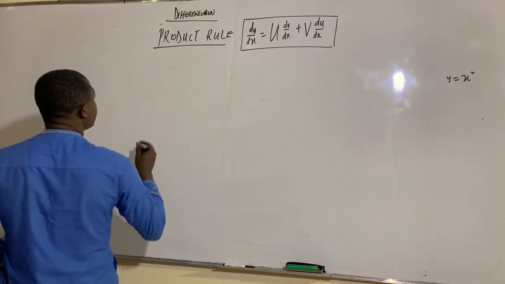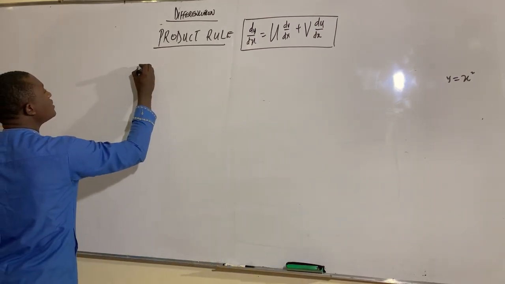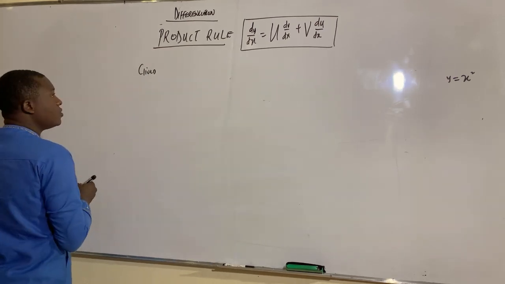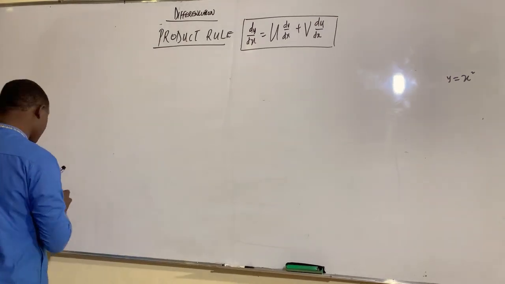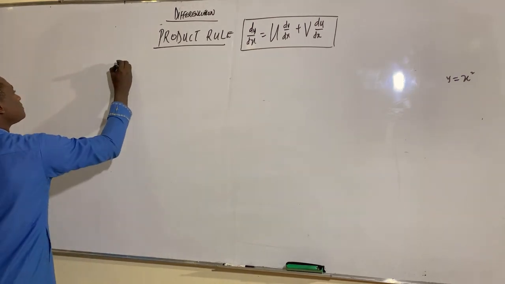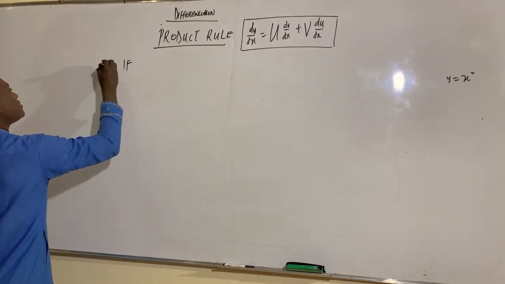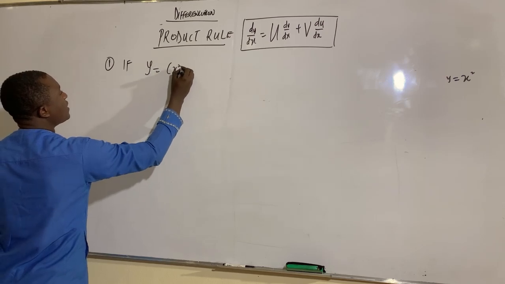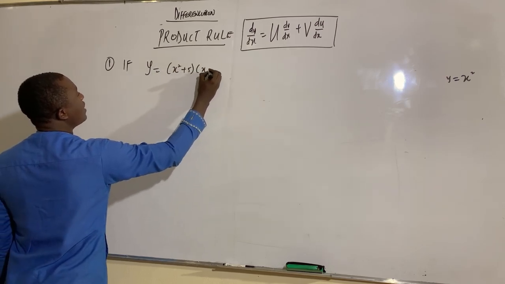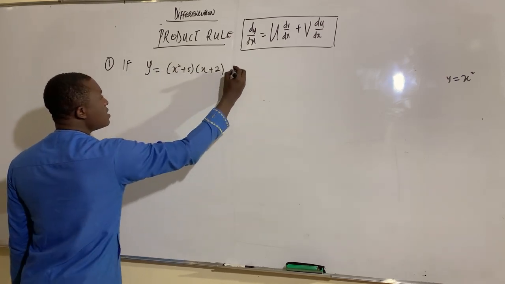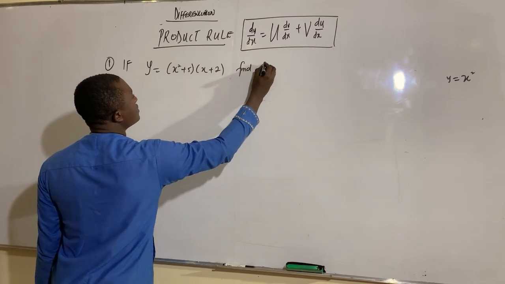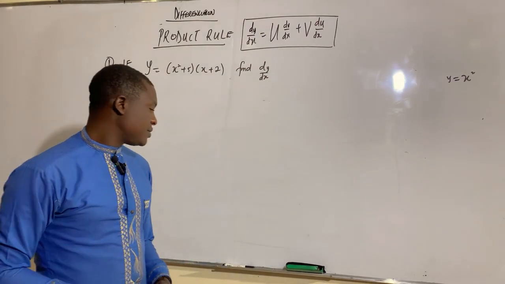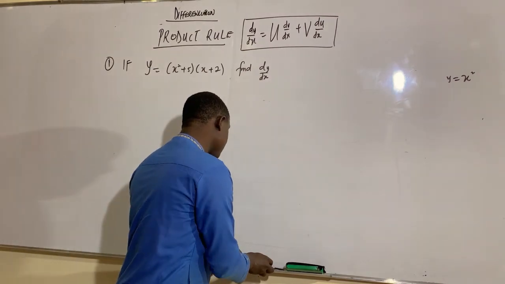Let's look at this one. They said, find the derivative of the following. Maybe I should write three examples, or let's solve it one by one. If y is equal to x squared plus 5 times x plus 2, they now say find dy/dx. So I can just apply the method.